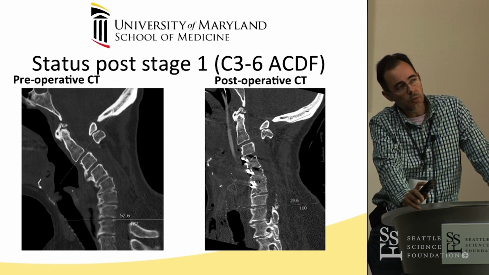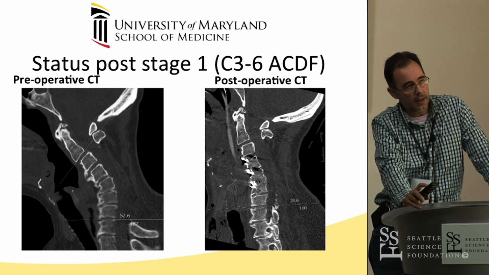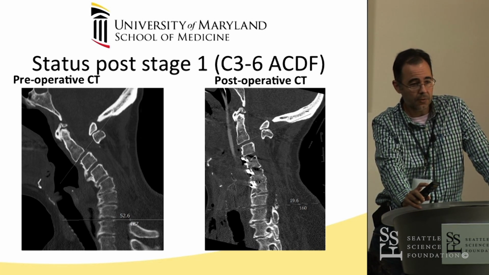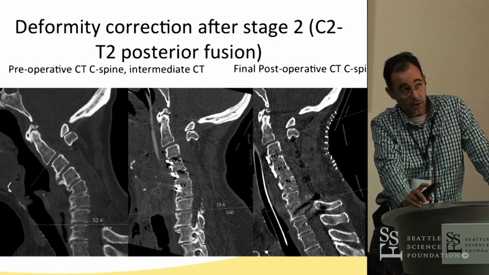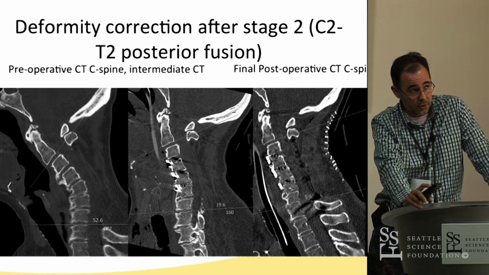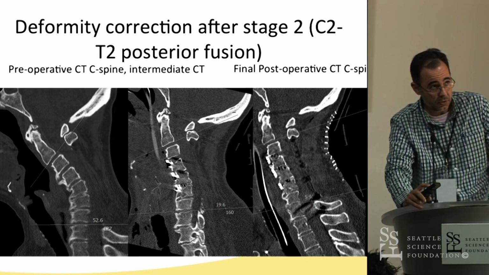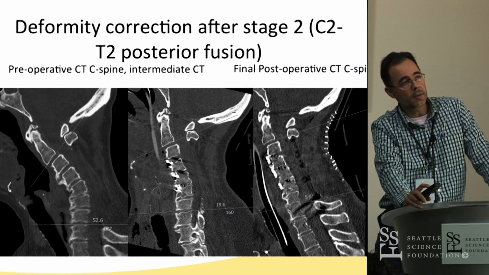I only put in one screw in these interbody cages because that way you have a little bit of leverage from the posterior approach for further correction. You start out on the left with the pre-surgical kyphosis. The middle one is the intermediate stage without posterior fixation, and the final one is with posterior fixation.